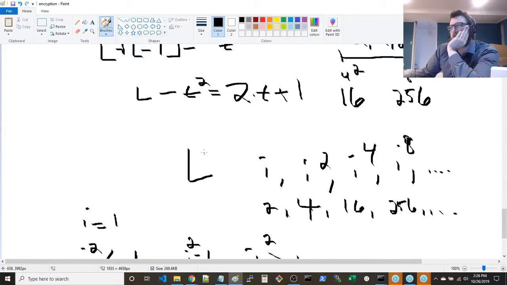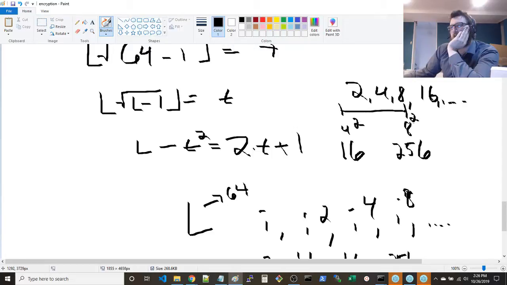And let's say L is like 64. Excuse me, this is 16. Although there's a lot of numbers in between here, these perfect squares. Yeah, and then you can figure out, okay, this is between 7 squared and 8 squared.